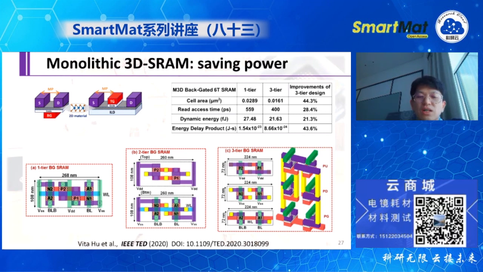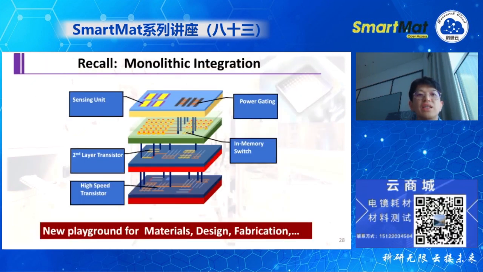This also demonstrates how monolithic integration can help push the performance of future electronics. Let me recall the slide I have shown in the past. Monolithic integration means that you can integrate many layers of transistors. You can also integrate low-temperature processable, backend-of-line compatible transistors or devices on top of the CMOS silicon.